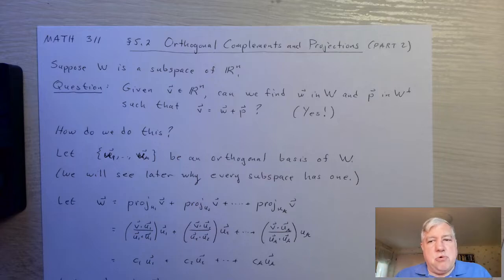But now we want to show that anything in Rn can be written as a sum of something in the subspace and something in its complement. So that's what we're going to start with.